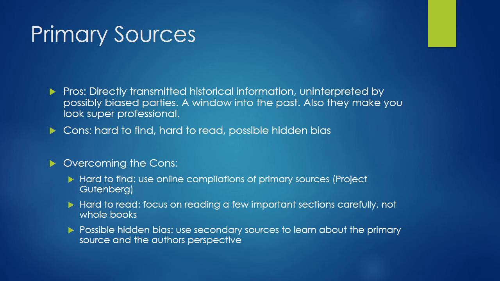The drawback, though, is that they're hard to find, they can be hard to read, and there can also be possible hidden biases in the information that you're receiving. But we need to use primary sources as historians, and so we have to work to overcome these drawbacks. And it's getting easier and easier to find primary sources, so that disadvantage is going away as we speak.